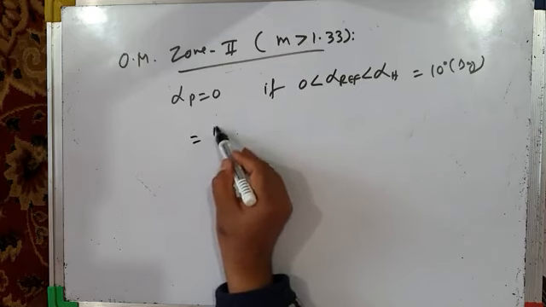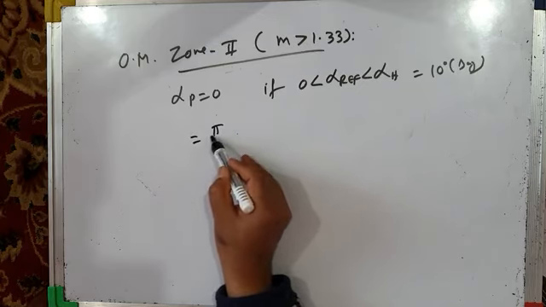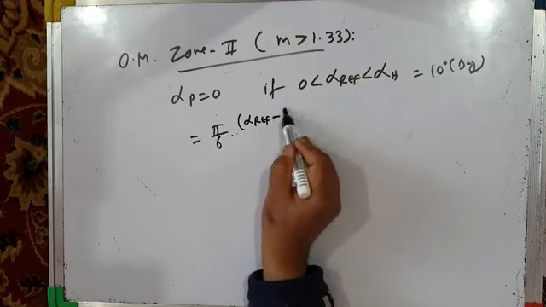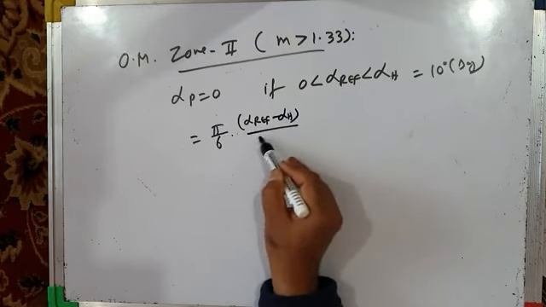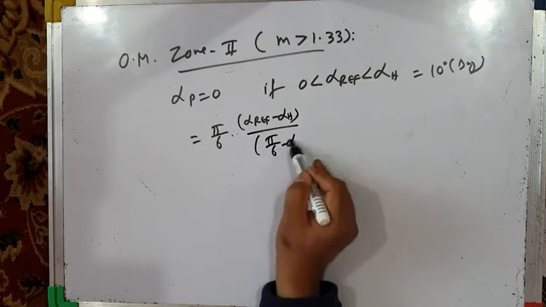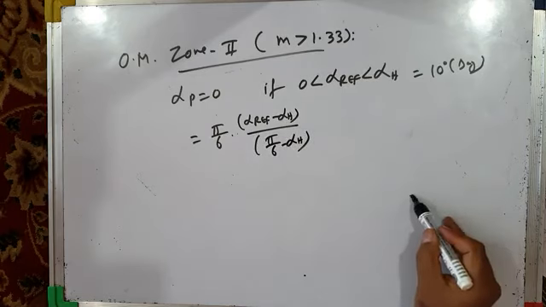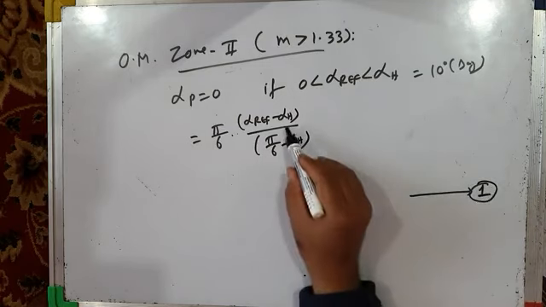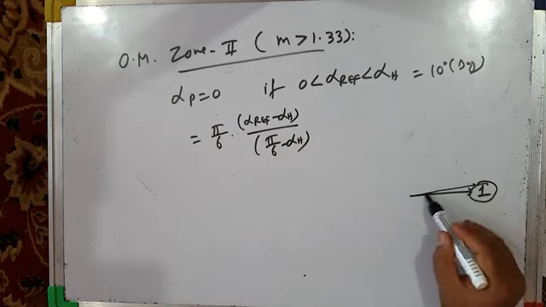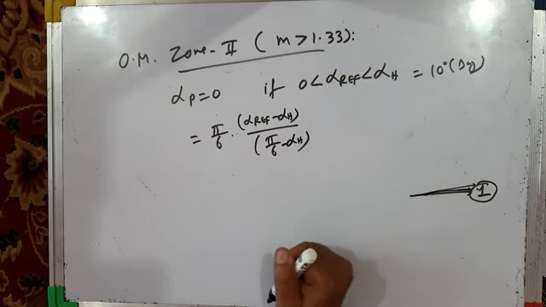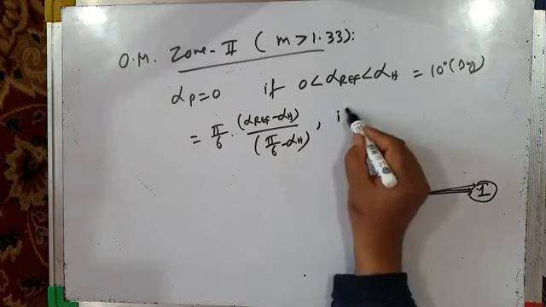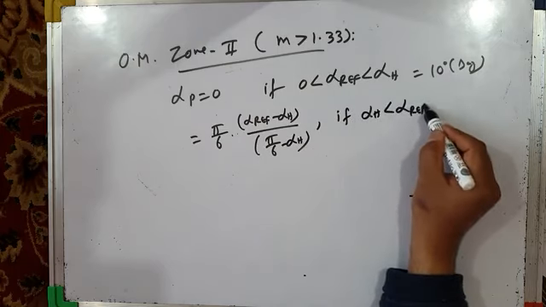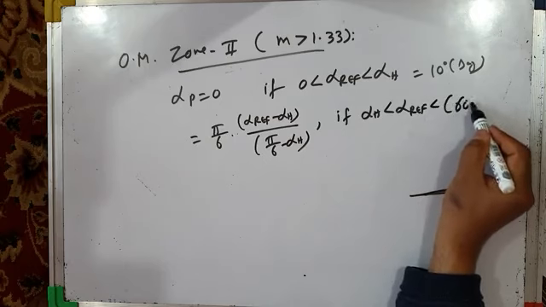And it is given by this formula, pi by 6 into alpha ref minus alpha h by pi by 6 minus alpha h. By the way, what is this alpha h? I told you that active vector 1 is applied for fairly long time, and that angle for which this active vector 1 is applied is called holding angle, alpha h. So here you can write, if alpha h is less than alpha ref less than 60 degrees minus alpha h.